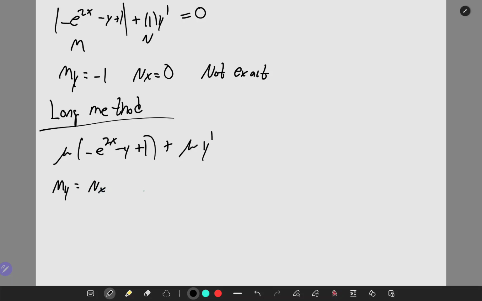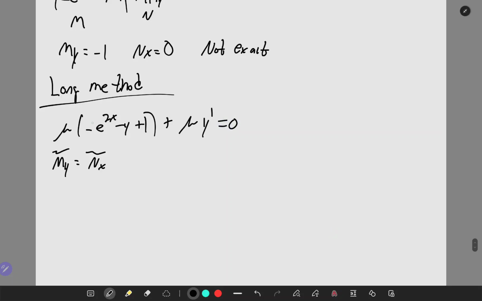Remember, this is our new m and our new n. So we have our new m with respect to y. Also, I should write it out like this with respect to x, because this is actually important for this step.